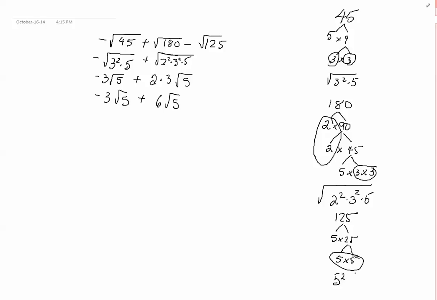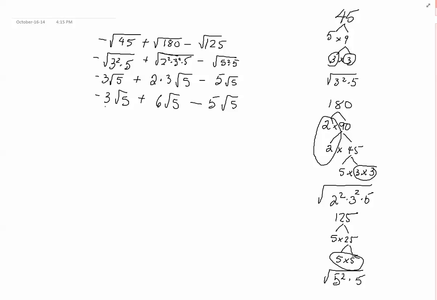So the square root of 125 is the square root of 5 squared times 5. So we're minusing the square root of 5 squared times 5, and the square root of 5 squared is 5, so it's 5 root 5. So we're subtracting 5 root 5.